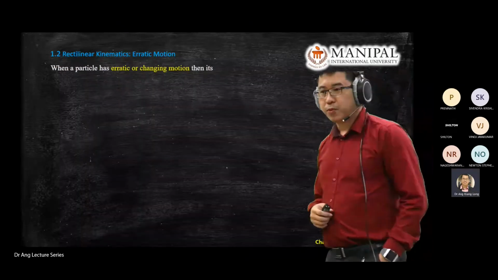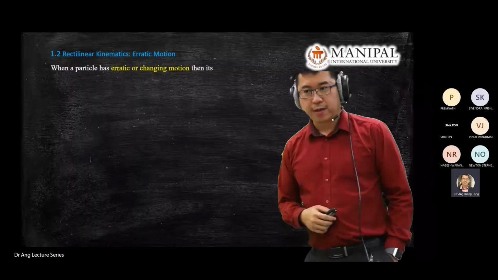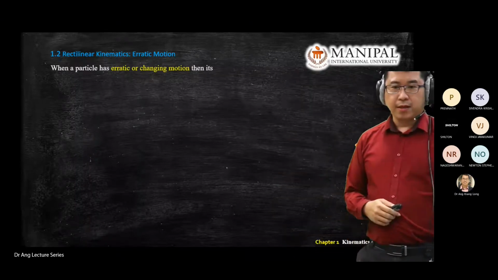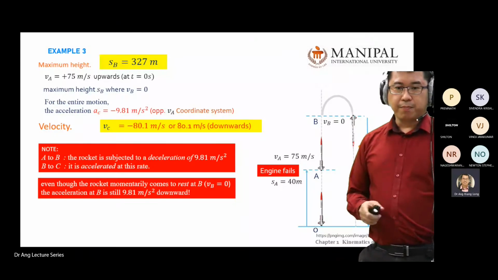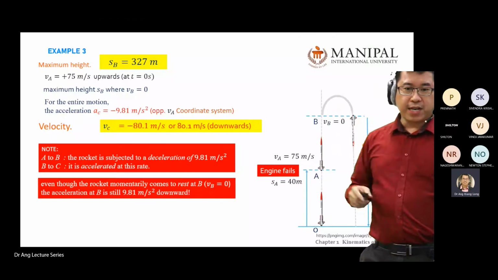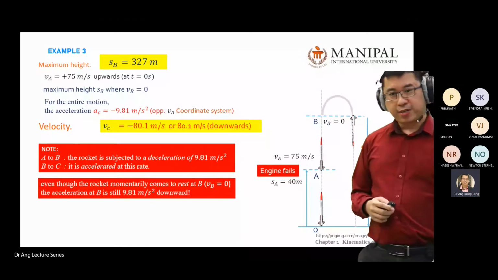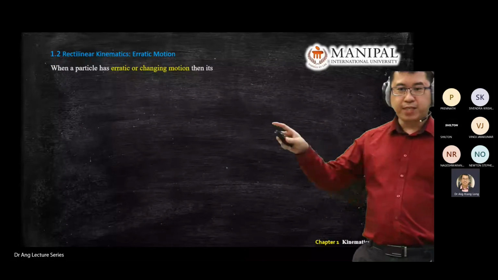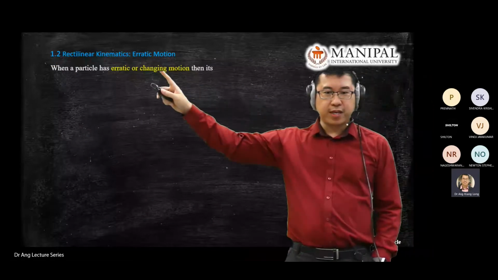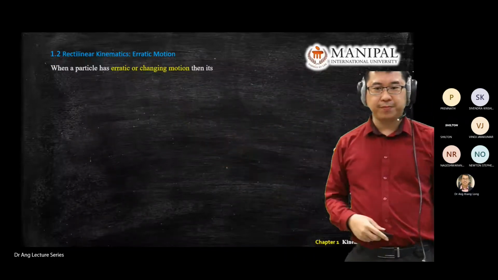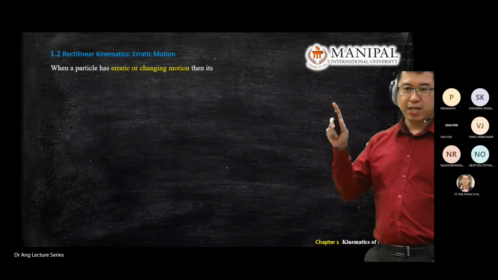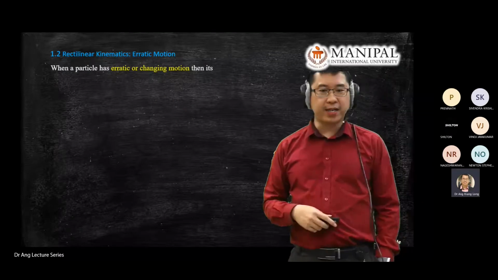Next, we learn a new thing today. Before, example 3 is all linear motion. Today we learn something new. We call it erratic motion. Okay, erratic motion. What I mean by erratic?